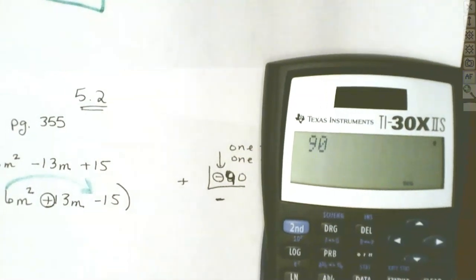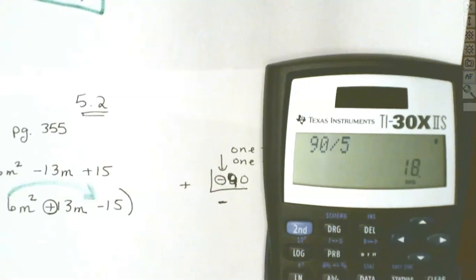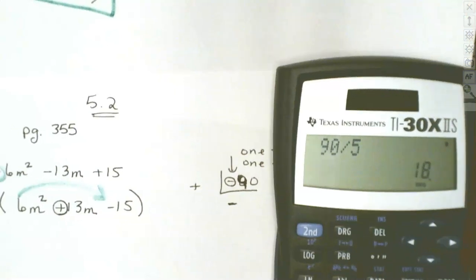So that means 90 is going to be divisible by 5, 10, 15, and so on. So let's try a 5 first. If I try a 5, that gives you 5 and 18, right? And what is 18 minus 5? 13, and isn't that what we want?